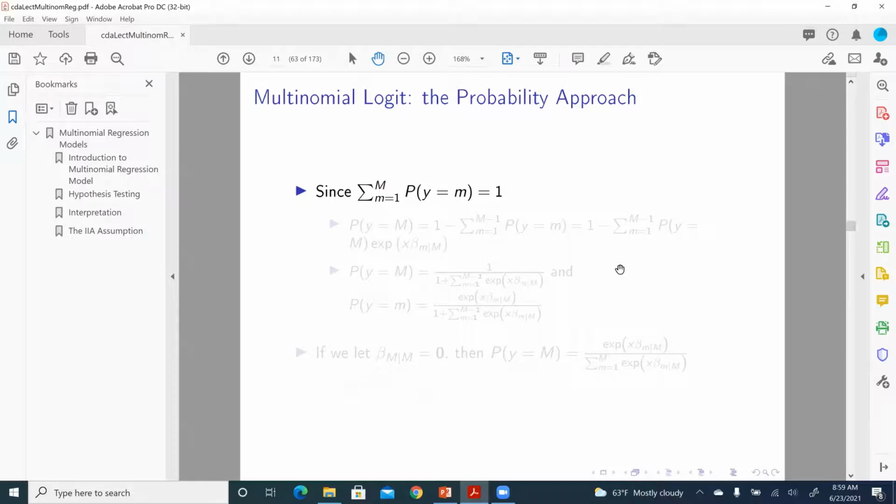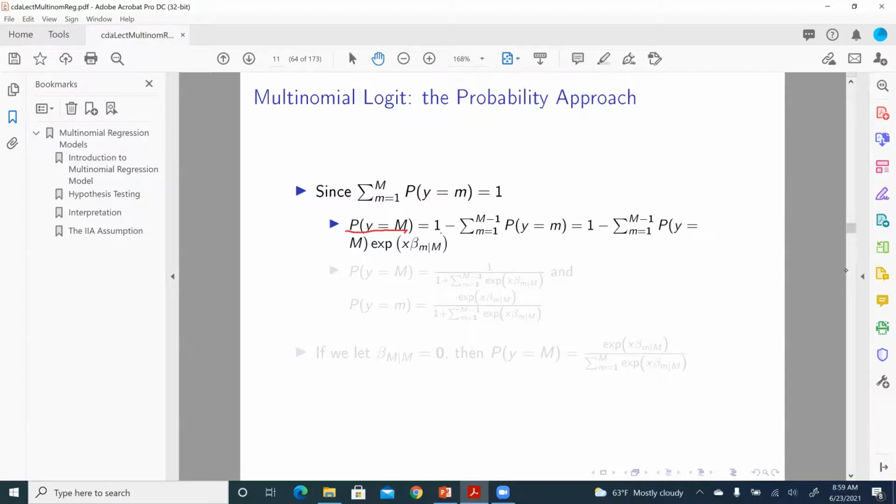On the next slide, all the individual probabilities add up to 1, because we assume all these choices are mutually exclusive and exhaustive. So the summation of the individual probabilities is going to be 1. Then how about the probability y equal to capital M?